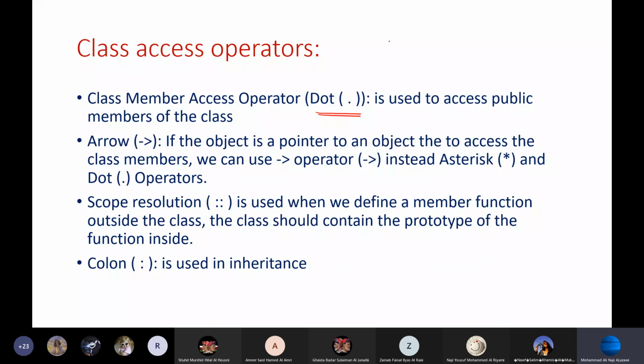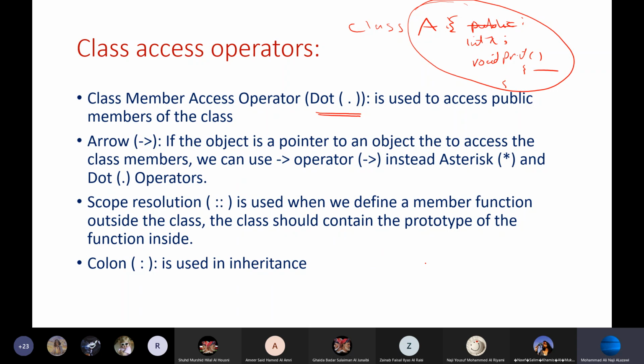If you remember here, when we define the class A, okay, and I have inside integer x, and I have a method. Of course, I will make them all public. I have, for example, void print. Okay. Then outside this, from the main function, when I declare a variable x of type A, I can use x dot.